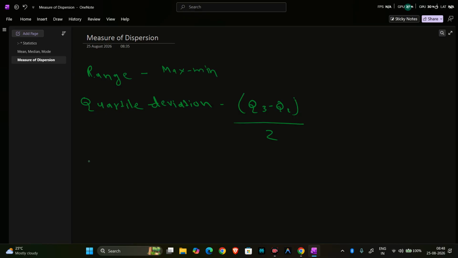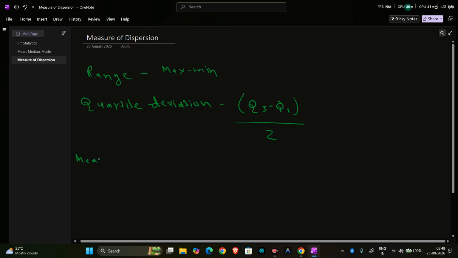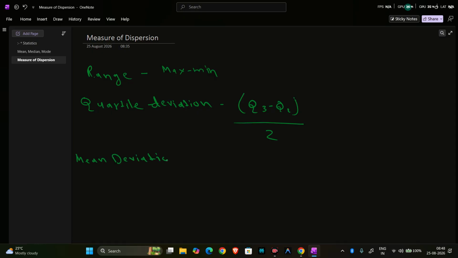Next we have mean deviation. This we calculate using summation of the absolute value of x minus A, divided by n. A can be the mean, median or mode.